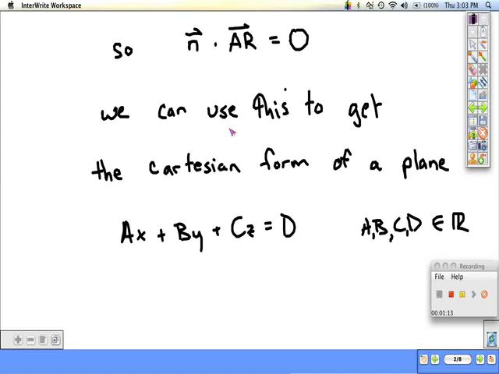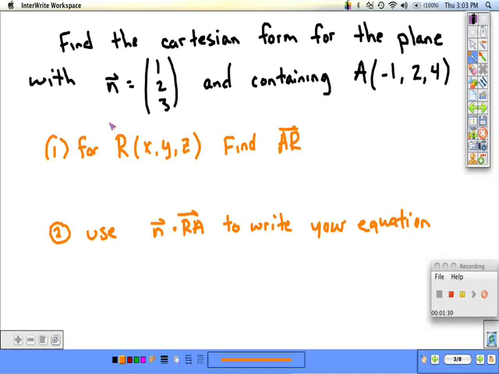We can use this idea to get the Cartesian form of a plane, which would be ax + by + cz = d, where a, b, c, and d are real numbers. So I want to find the Cartesian form for the plane with this normal and containing that point.